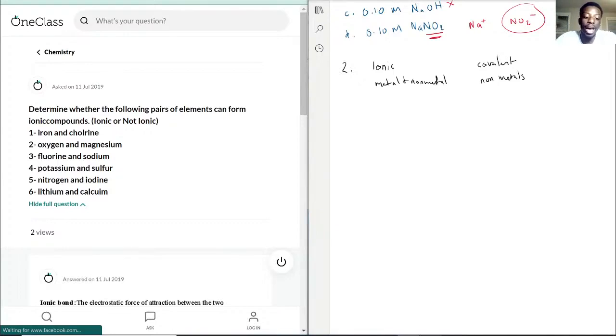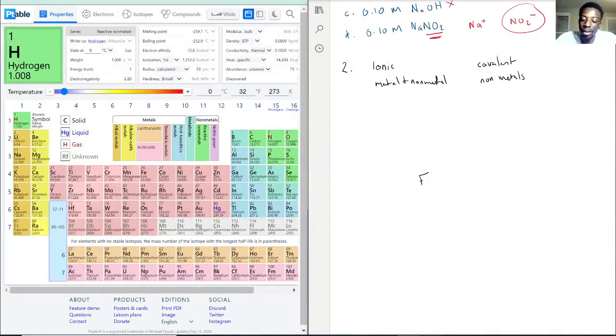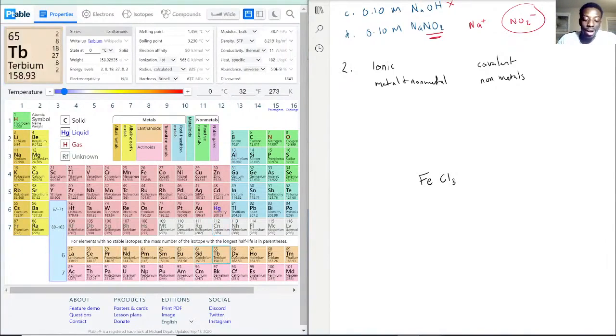So the first one we have is iron and chlorine, okay? Fe and Cl. Alright, and depending on the iron, sometimes you have FeCl3, FeCl2. The point being is, let's check it out. So iron is definitely a metal because it's in the transition metal area.